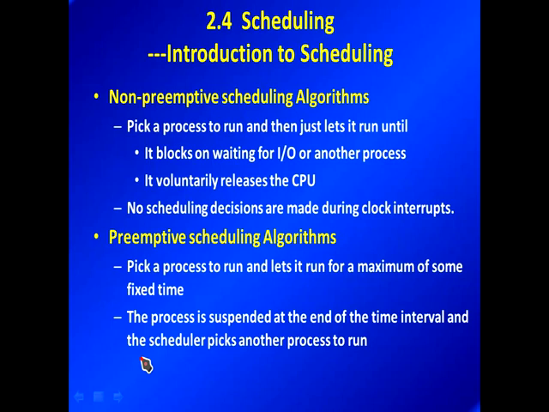Non-preemptive scheduling algorithms just pick a process to run and let it run until it blocks waiting for I/O, or it blocks waiting for some event emitted by another process, or until this process voluntarily releases the CPU.